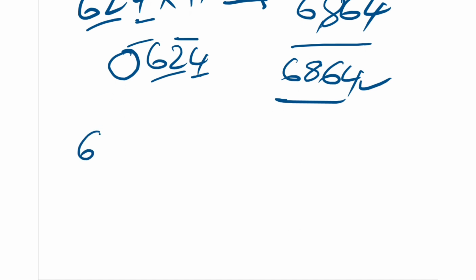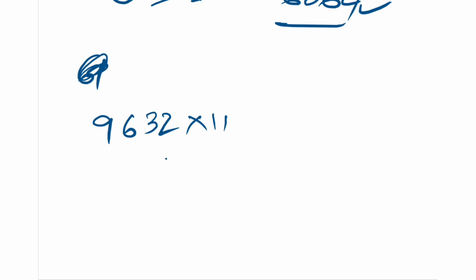So let me take one more example for clarification. Let me take a big one, to get a clear idea about this topic. So I'm taking 9632 into 11. You're in a scenario to multiply 9632 into 11.